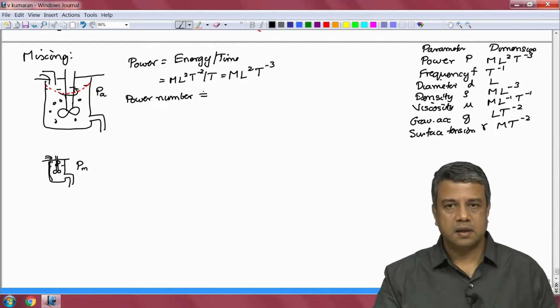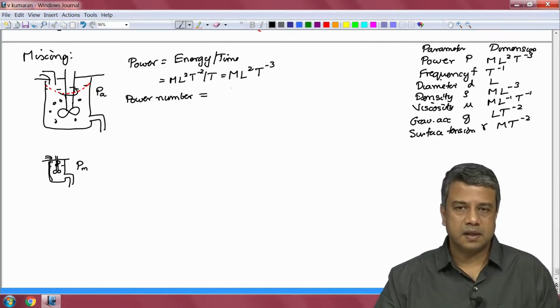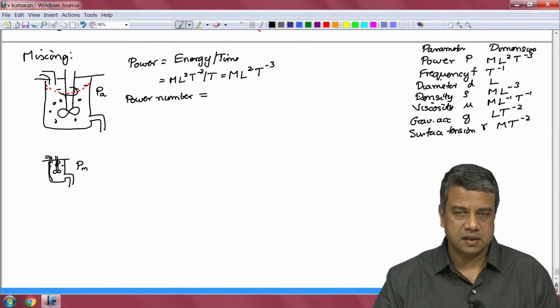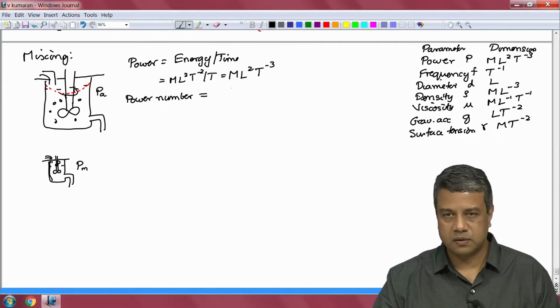You can do it by dimensional analysis that we had done earlier, right? Express the dimensionless group as P times density to the power A, frequency to the power B, the diameter to the power C, and calculate those using dimensional analysis. I will not go through that.